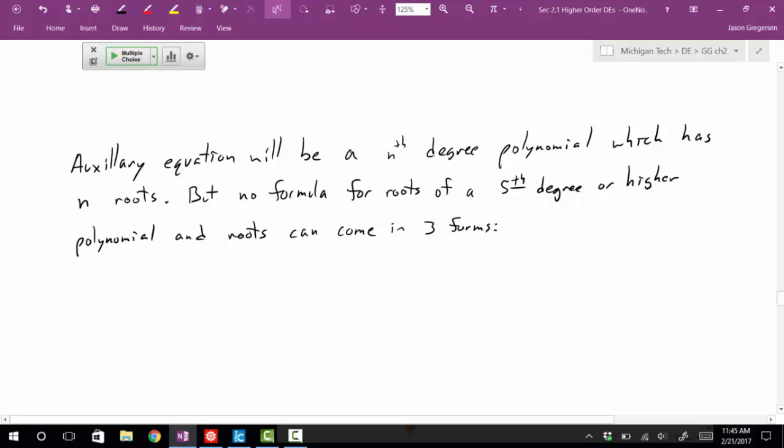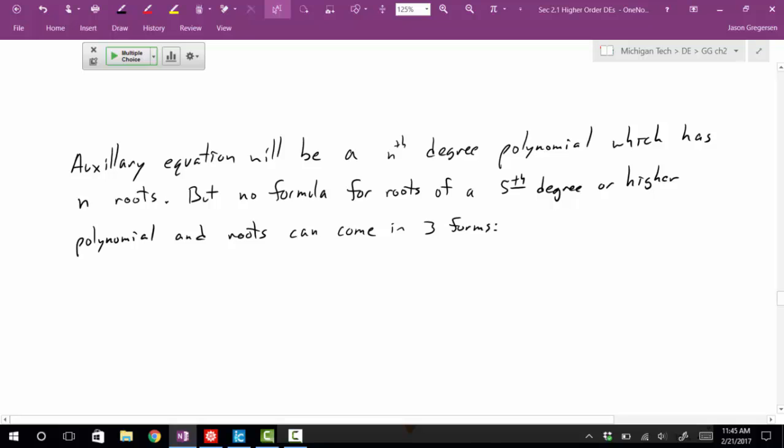The auxiliary equation will give us an nth degree polynomial, and all we have to do is find the roots of that polynomial. First problem is we can't always do that analytically. You can't find a closed form equation for anything of fifth degree or higher. You might say, oh, that's crappy, but actually, we have other means.